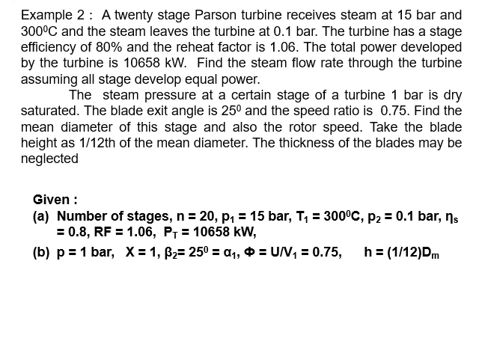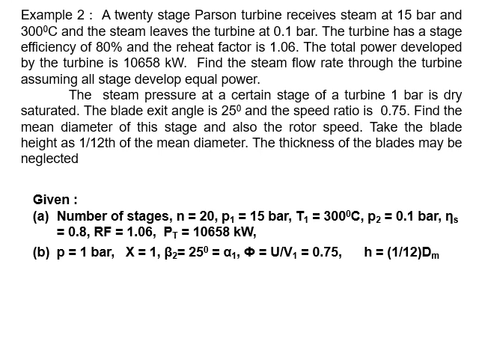So now list out the given data here. Number of stages, n is equal to 20 stage. There are the 20 stage Parsons turbine. The initial pressure of the steam is P1 equal to 15 bar and its temperature is T1 equal to 300 degree centigrade.